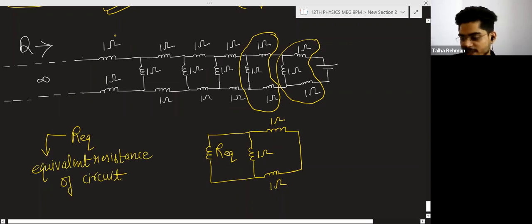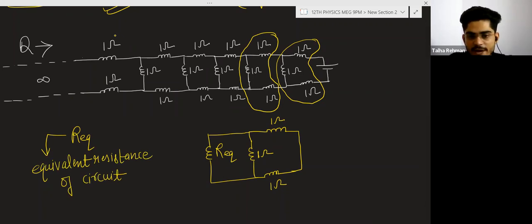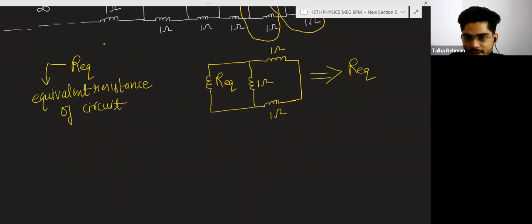I have written the steps, you can check there. The second step is to connect R equivalent with one more repeating term, and the equivalent resistance of this circuit is also R equivalent. So now calculate the equivalent resistance of this circuit and equate it with this.